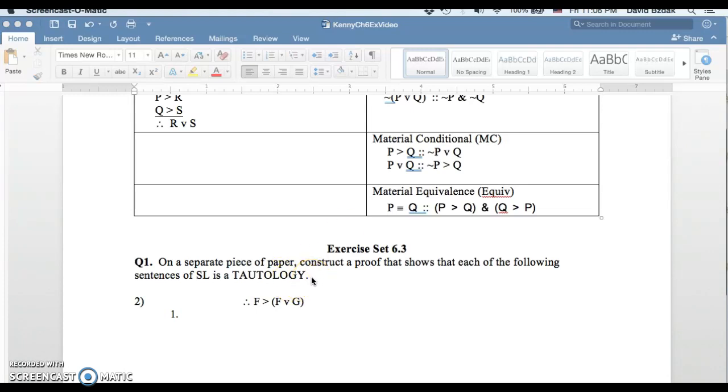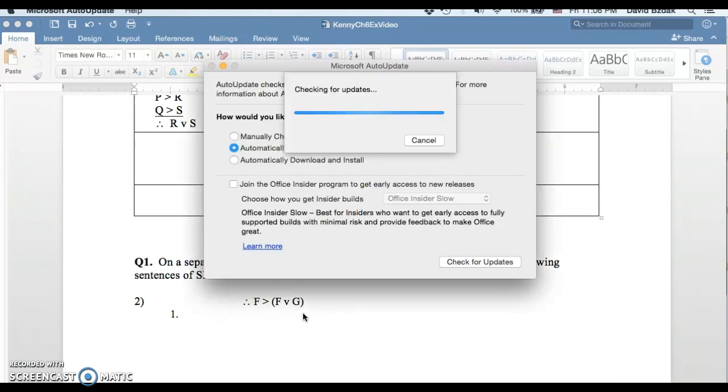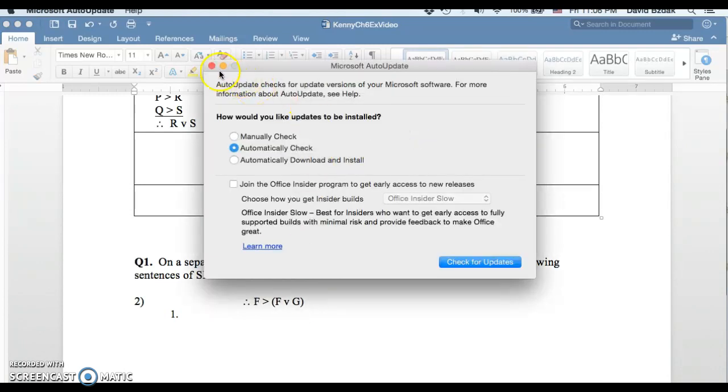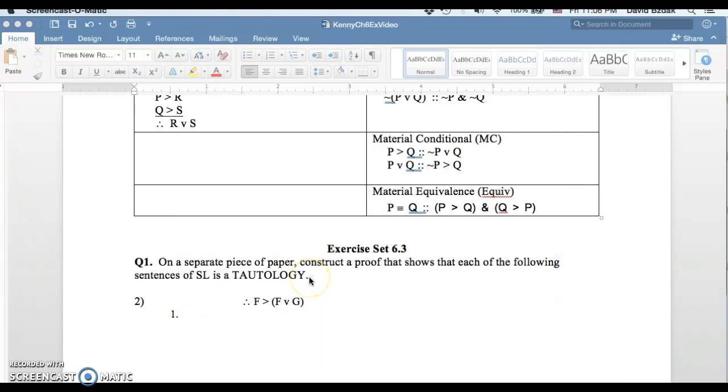So we're not going to get a chance to do all of them, but exercise set 6.3 at least shows you how to do one of them, namely prove that a sentence is a tautology. The way you do that with derivation rules is you derive it from no premises. A tautology, if you remember, is a sentence that always comes out true. And so you should be able to derive it from no premises.